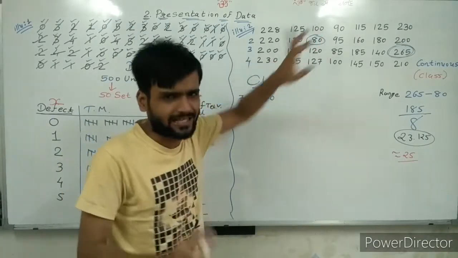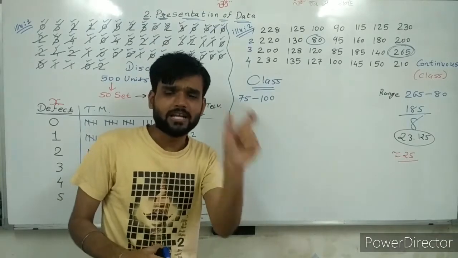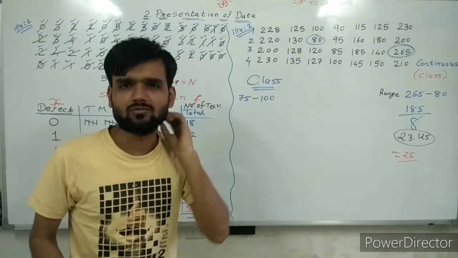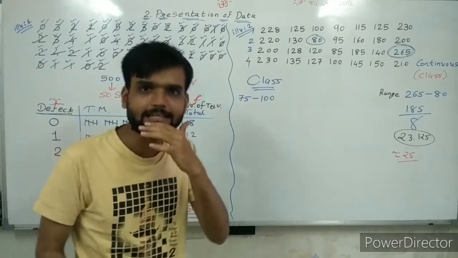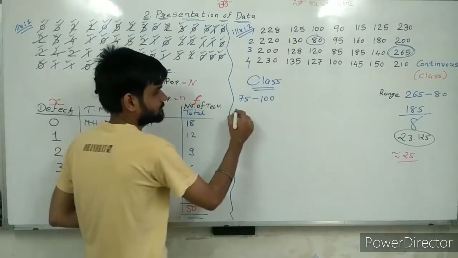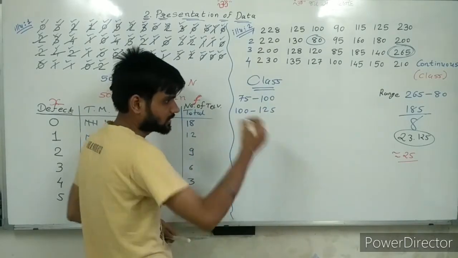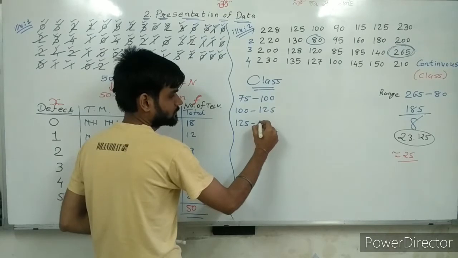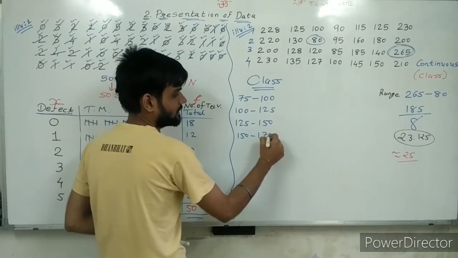Suppose I take 80, then also it's okay, but 80 plus 25, then I have to take 105. So that value becomes somewhat odd. Otherwise, okay, you can take it. So 75 to 100. Second class, 100 to 125. Third class, 125 to 150. 150 to 175.